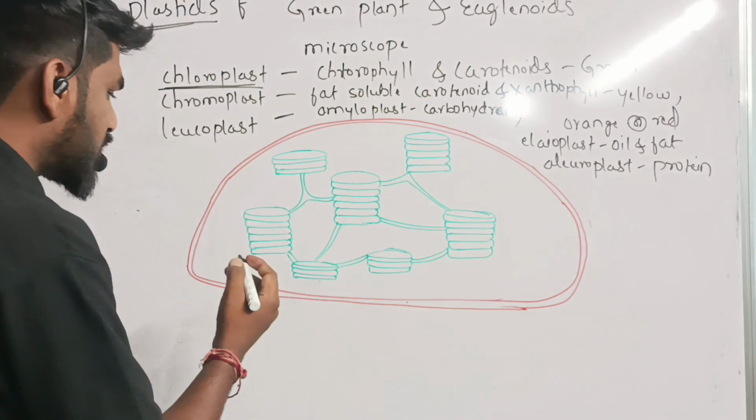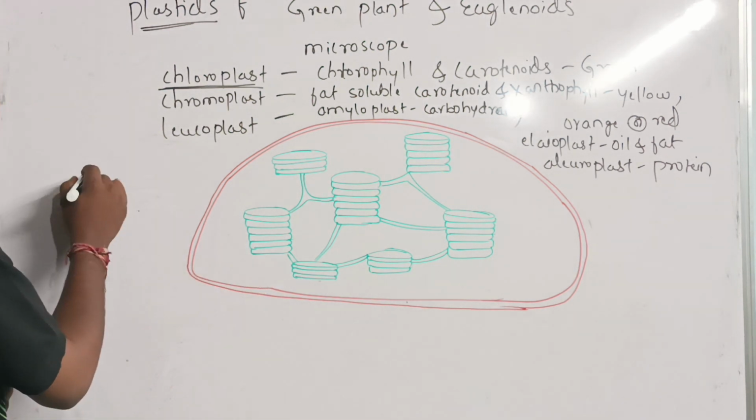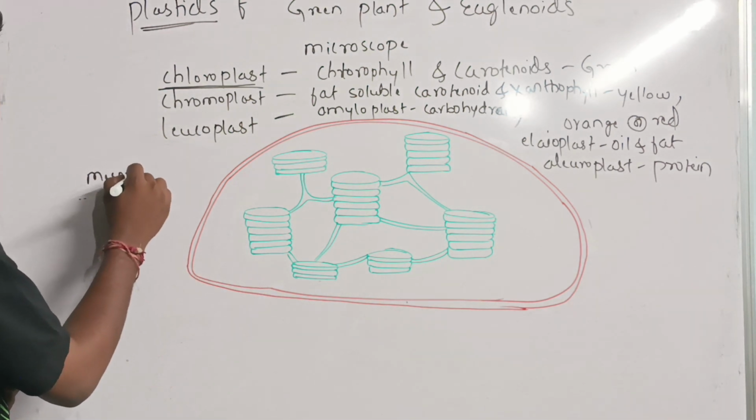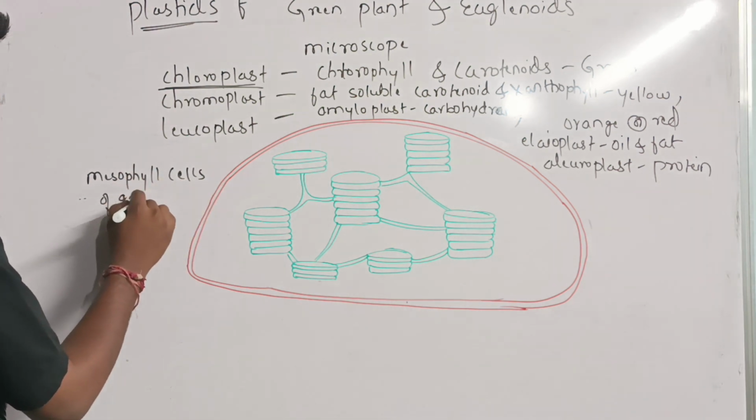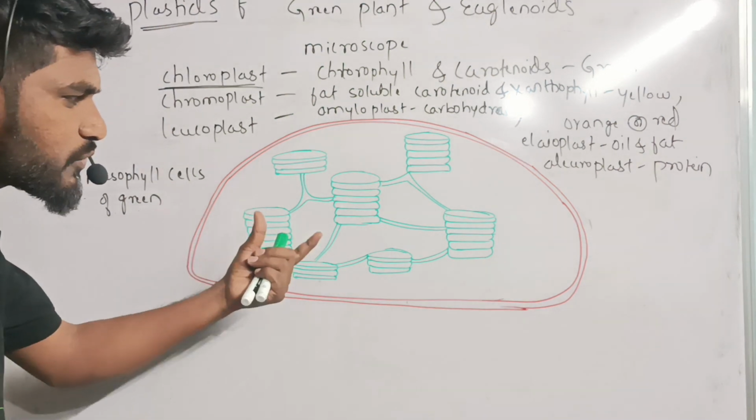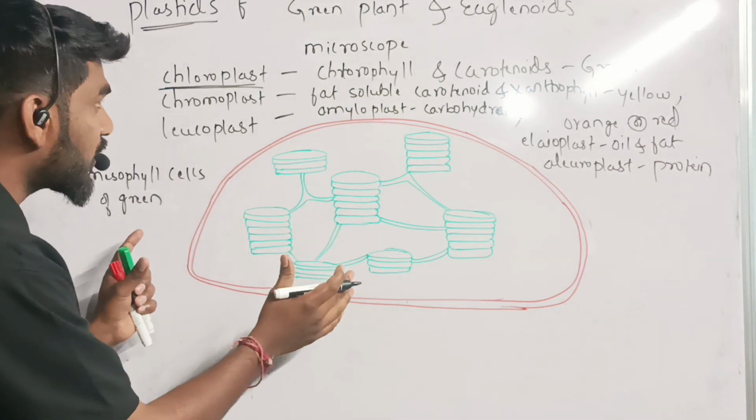Majority of the chloroplasts will be present in mesophyll cells of a green plant. इसका शेप कैसा रहेगा क्लोरोप्लास्ट का?